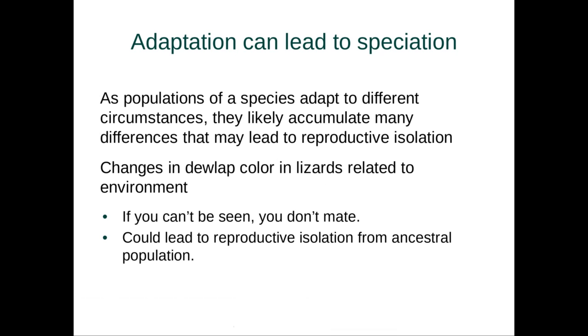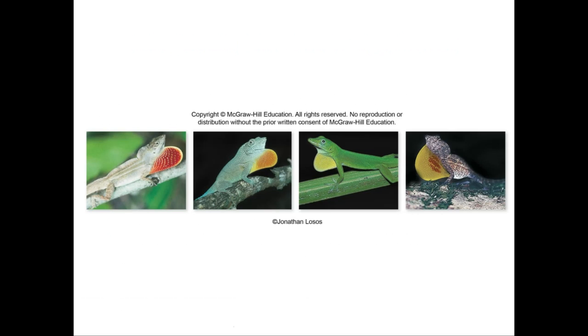If you can't be seen by extending your dewlap, you simply don't mate. So by having this adaptation, if I'm going to mate, I need to be seen, so I have to select for dewlap colors. Well, this could potentially lead to reproductive isolation from an ancestral population. So kind of a cool thing.